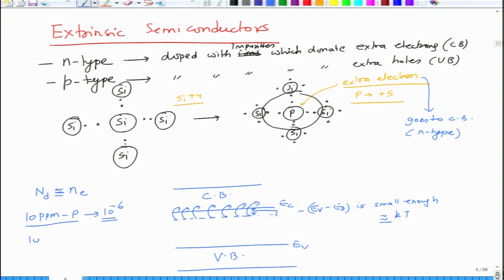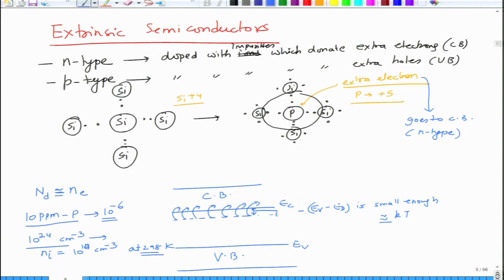So in a given lattice, if the number of atoms is 10 to the power of 24 per centimeter cube and intrinsic carrier concentration is about 10 to the power, let us say, 14 per centimeter cube at a given temperature, let us say about 298 Kelvin. So let me get the exact numbers. Ni is about 10 to the power 10 for silicon.